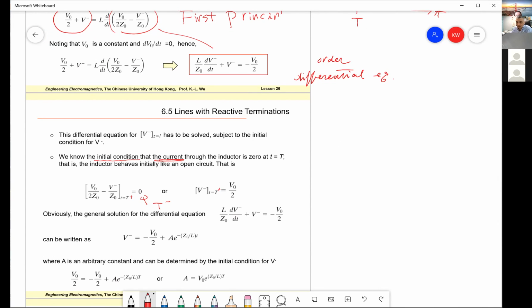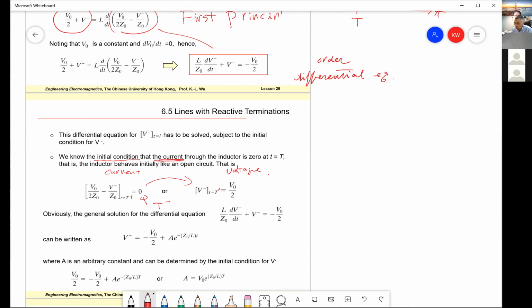You see, this is a current, this is a voltage, but we obtain the voltage from the current. Why do we use current? Because the current must be differentiable, and differentiable means continuous. So all this logically makes sense, right? Then we use this as the initial condition.